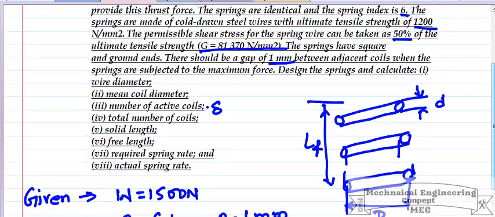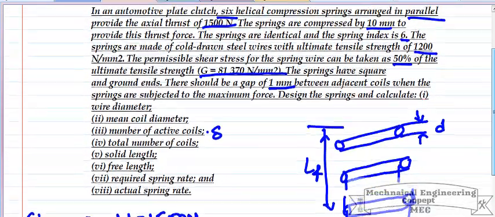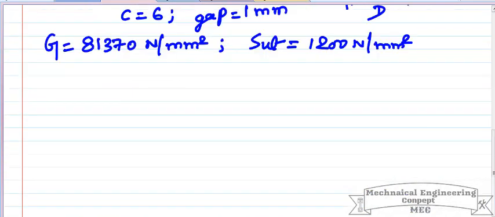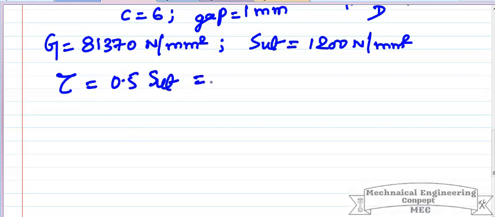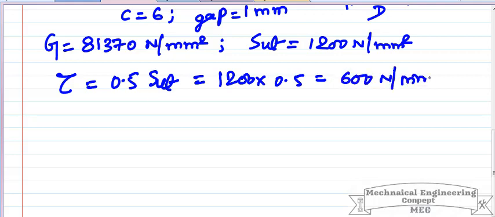One relation given to us is that permissible shear stress is 50% of SUT. It means 0.5 times SUT, so 1200 into 0.5 will come out as 600 Newton per mm square.